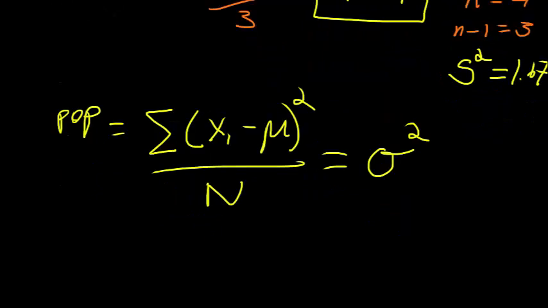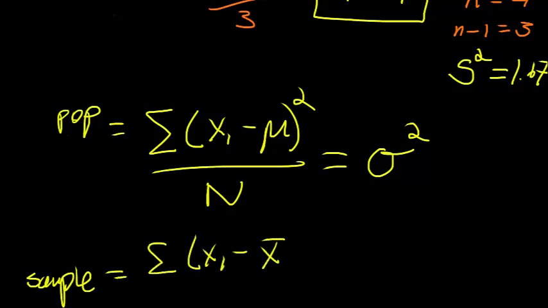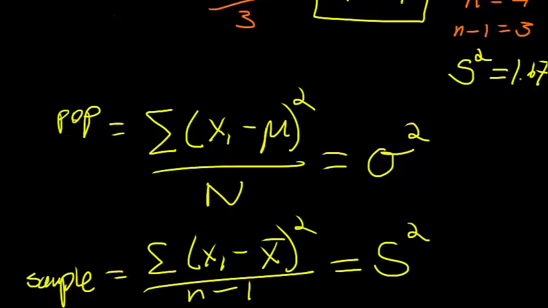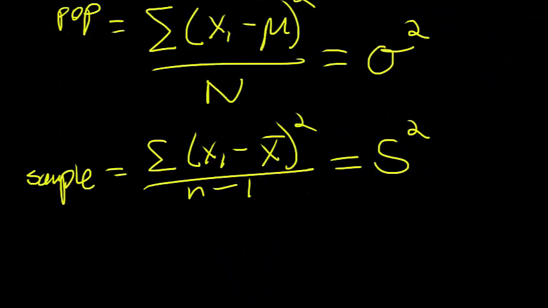But you'll see in our example that I didn't do that here because we have a sample. And that is the summation of x sub i minus x bar squared over n minus 1, which is depicted as s squared. And that brings us to the final point of our conversation, the standard deviation.